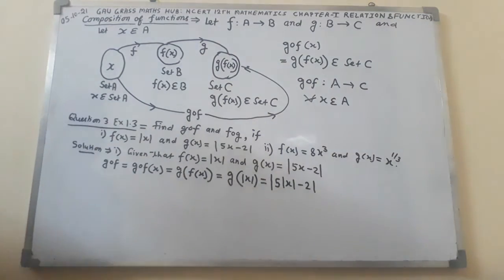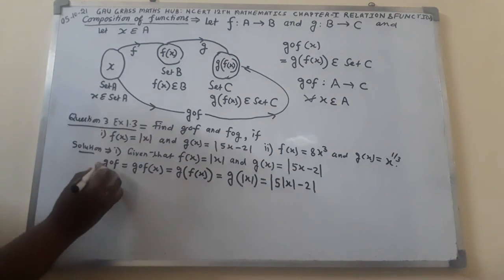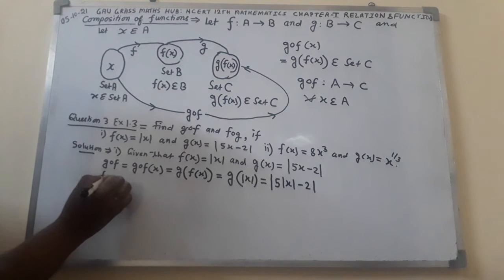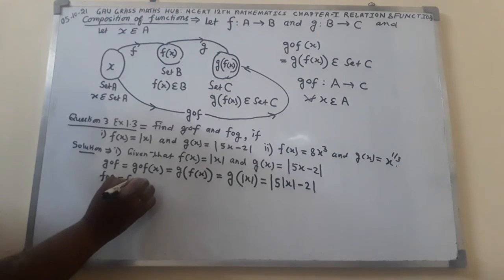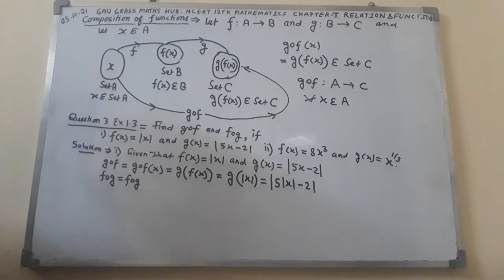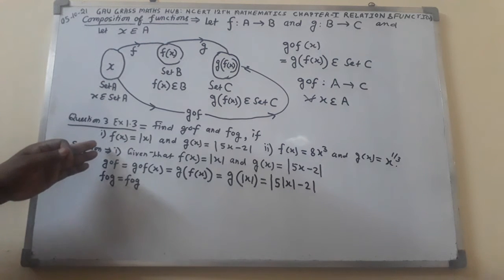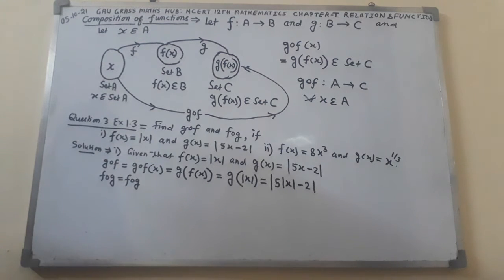Now find out the value of FOG. So here write FOG equal to. Again, in both questions, everywhere the variable x is available.